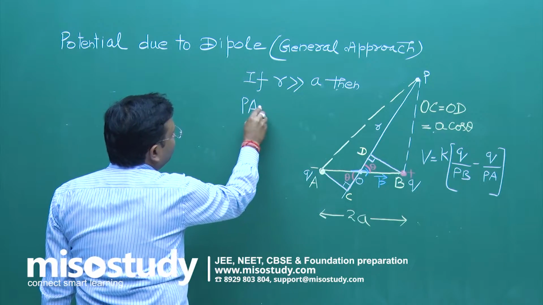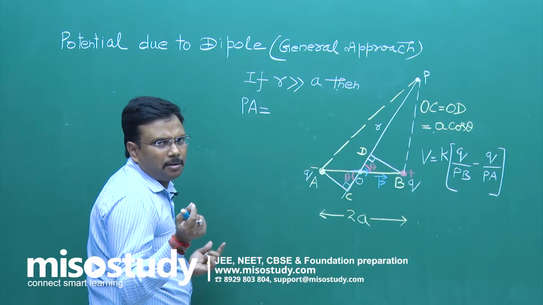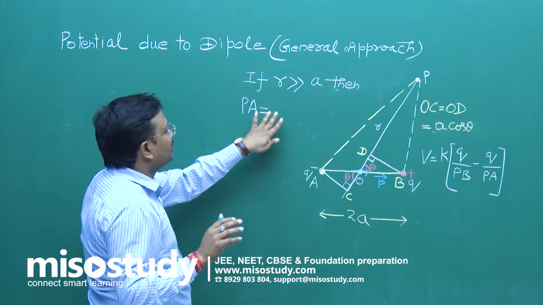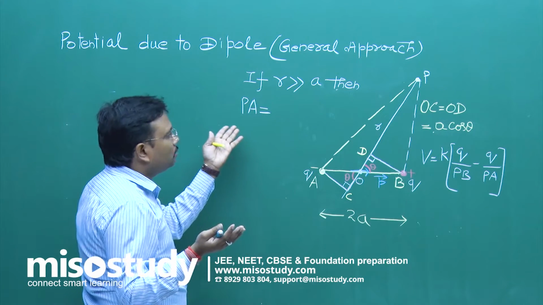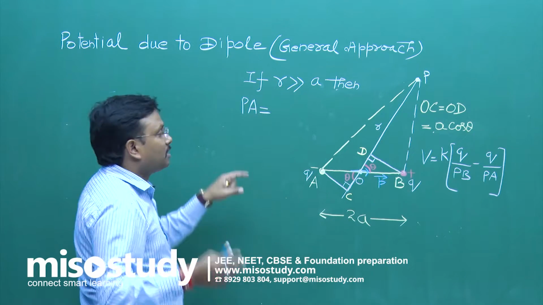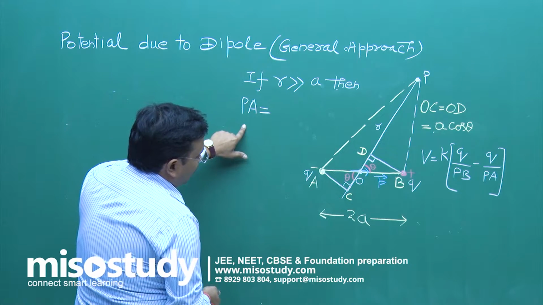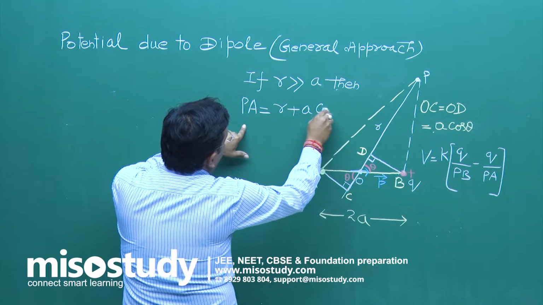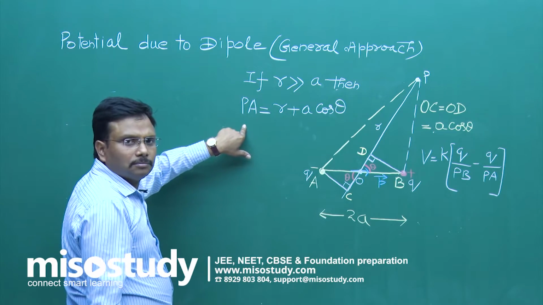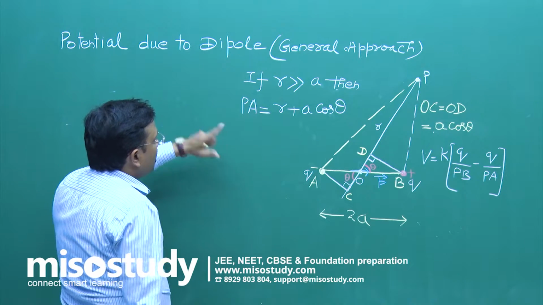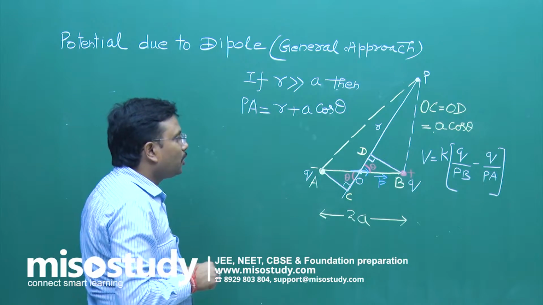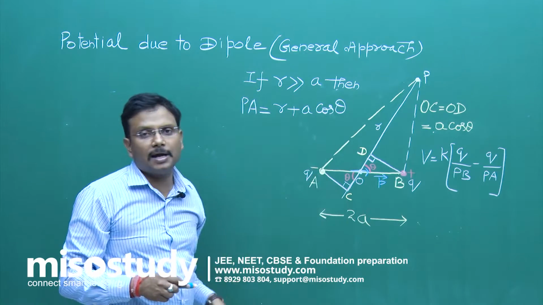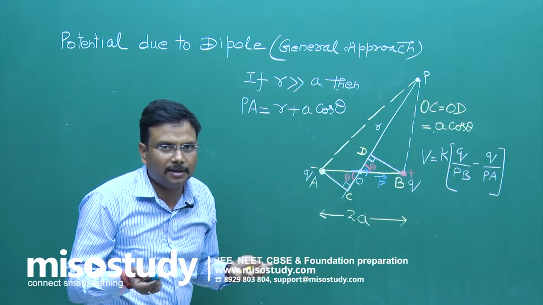PA, and this is very simple basic algebra, and if you are unable to apply that, I am simply mentioning the terms, you just have to learn these terms. Fine, just two terms required. So PA is equal to R plus A cos theta. No problem. Fine. Similarly, I am not devoting much time to this trivial algebra part, because I should try to use these values directly.